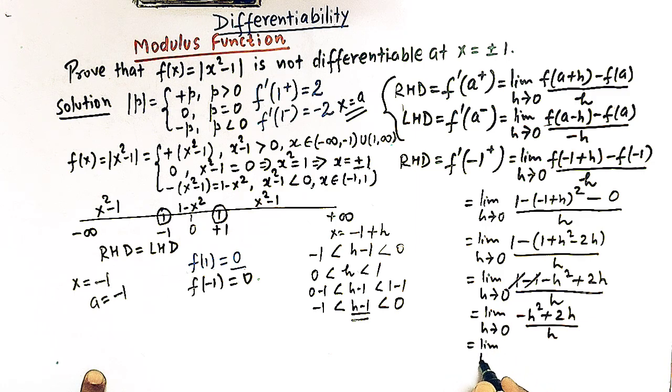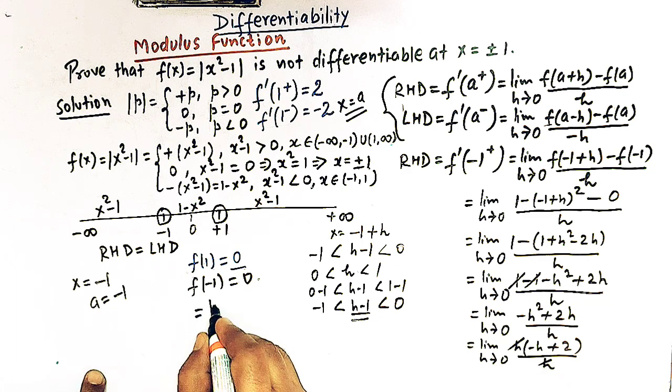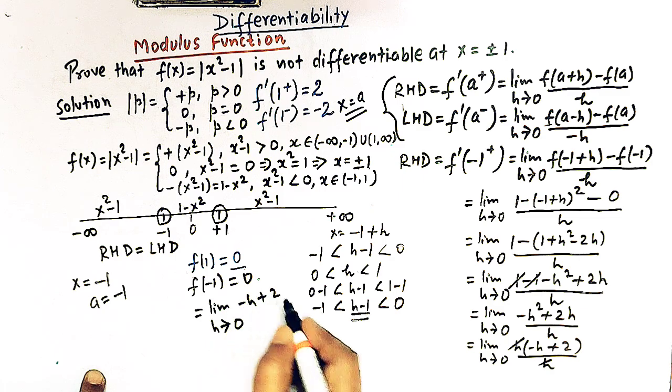Taking h common in the numerator, we have h times (minus h plus 2), and h and h get cancelled, so we have limit h tends to 0 of minus h plus 2.